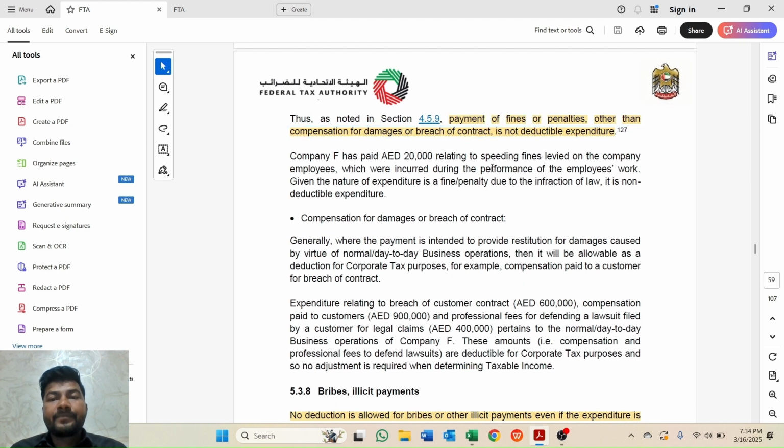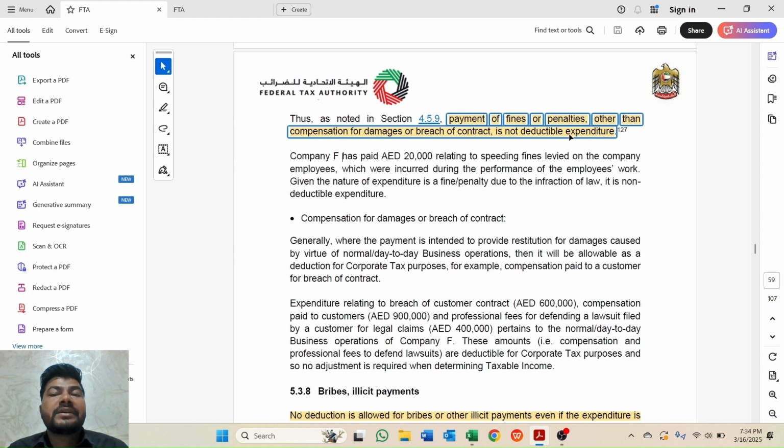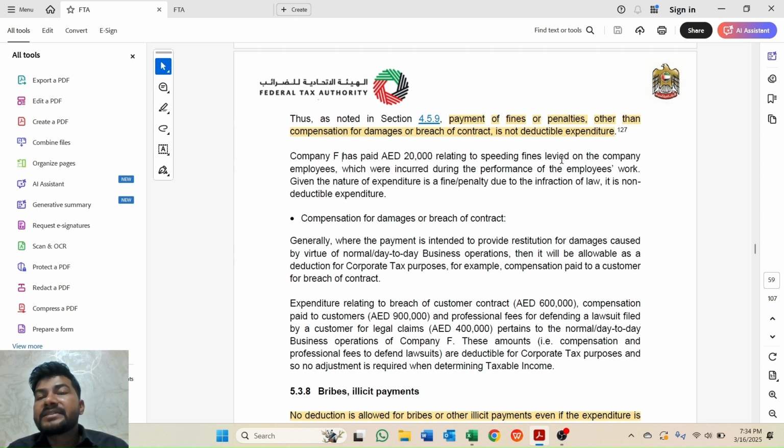You can see here, payment of fines or penalties or other compensation for the damage or breach of contract is not a deductible expenditure. Company F has paid 220,000 relating to speeding fines levied on the company's employee, which were incurred during the performance of the employee's work.